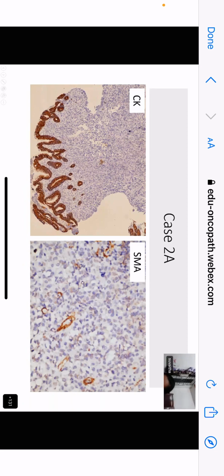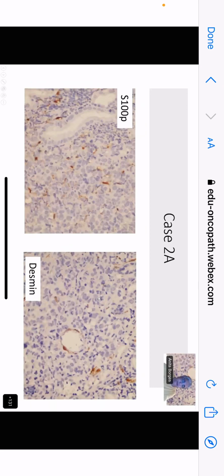Is that positive or negative? Negative. Okay, so once again, it's not about doing the stain, it's about interpreting it. Very good. Now, what about S100 protein? Is it positive or negative? It's negative, ma'am. What about desmin? It's also negative. What is this?